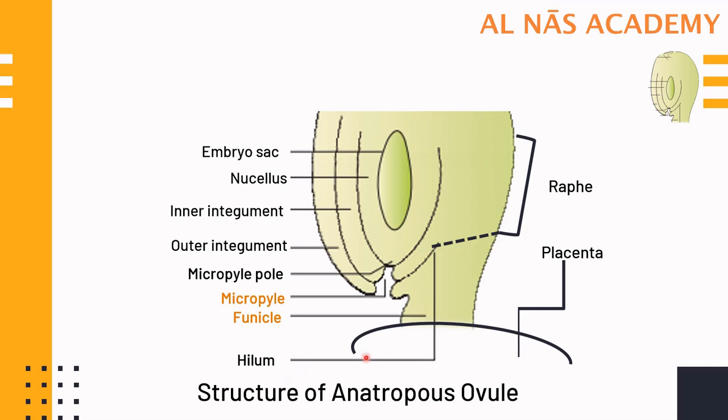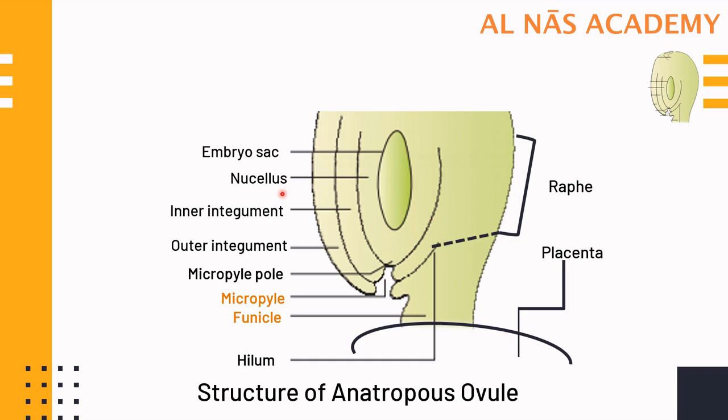And the ovule has layers or covers which are called integuments. The outer cover is called the outer integument and the inner cover is called the inner integument. The anatropous ovule has two integuments, hence it is also termed bitegmic. Inside the inner integument, there is a mass of diploid cells, called the nucellus.